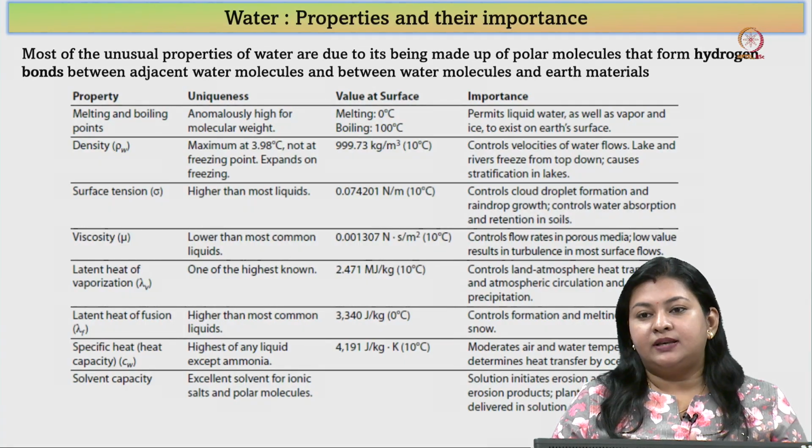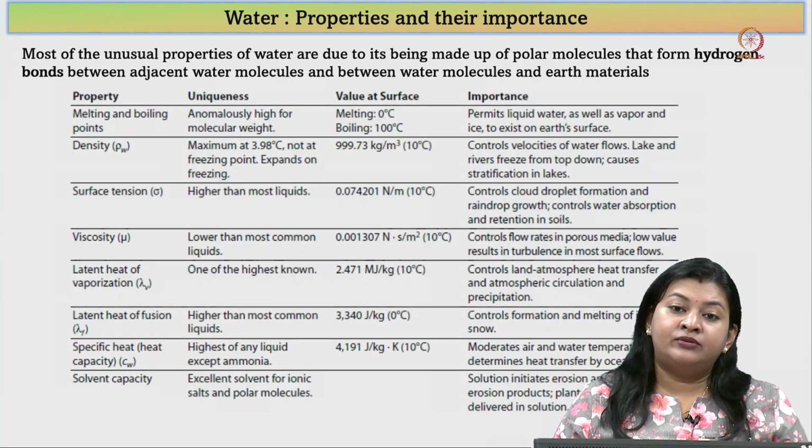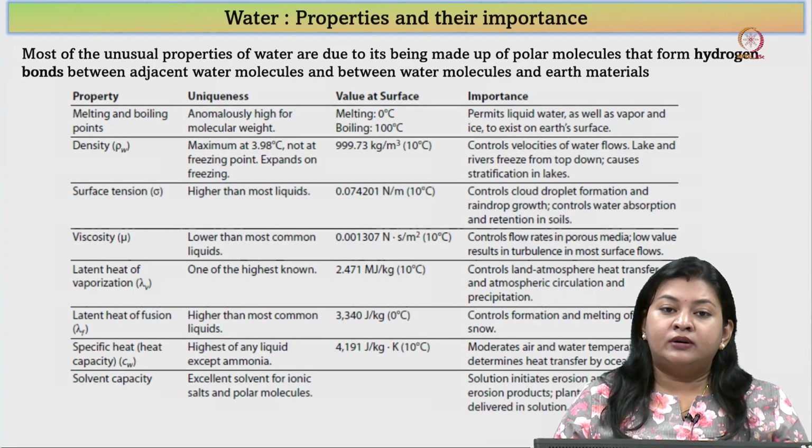Starting from life being formed in water, to the maintenance of global climate, and being a resource to all the animals performing all life sustaining activities, water is the most important.